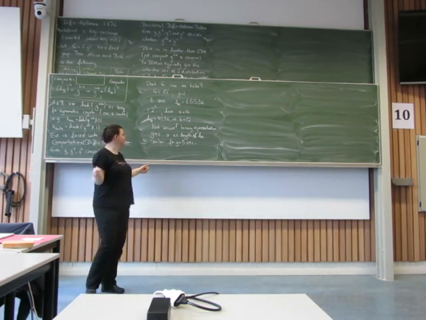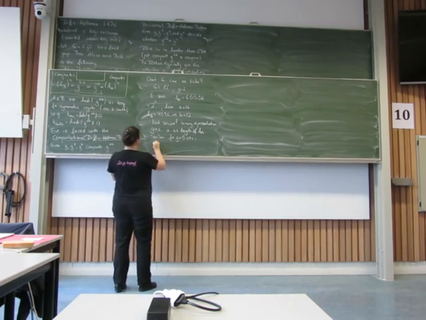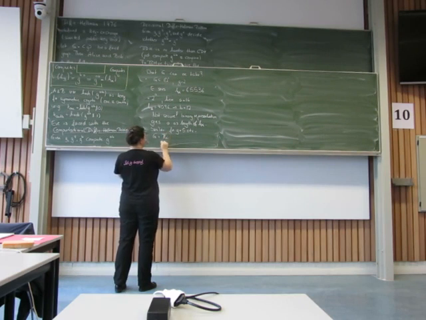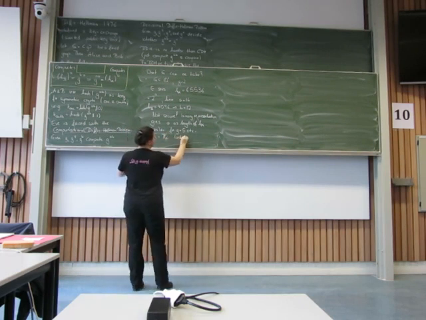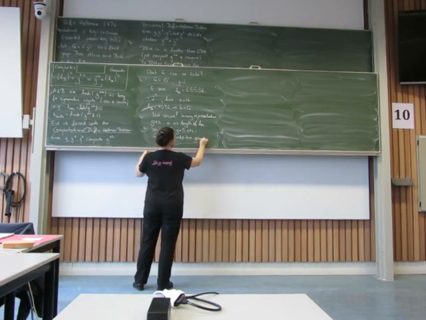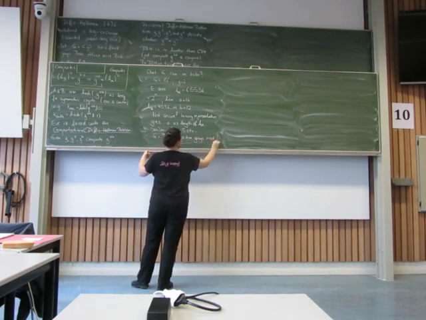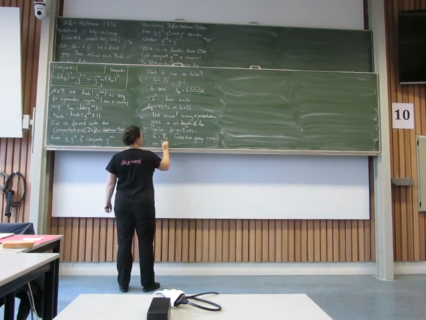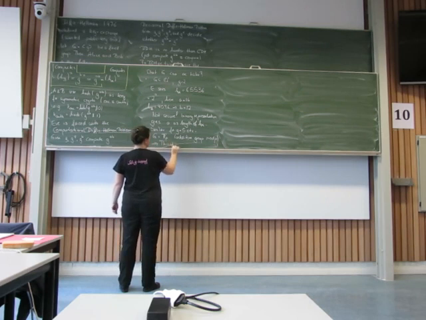Let's take the additive group. Let's take G to be the additive group mod P. Now for that one on Thursday, you will see in the exercise that this is no good.